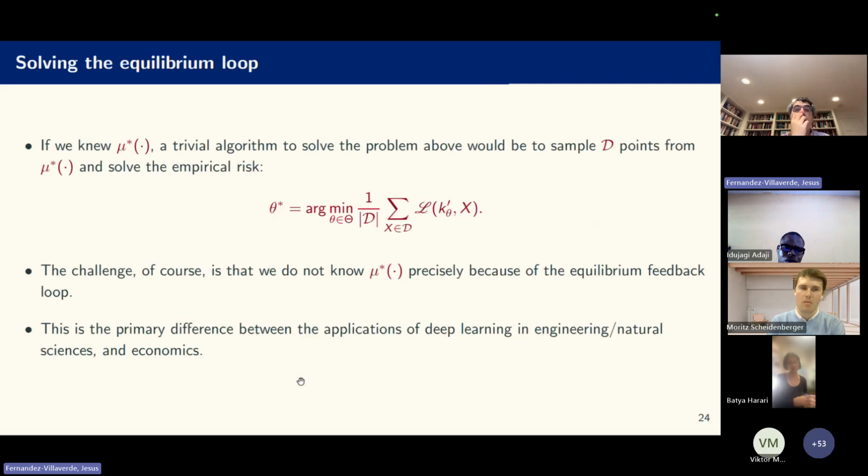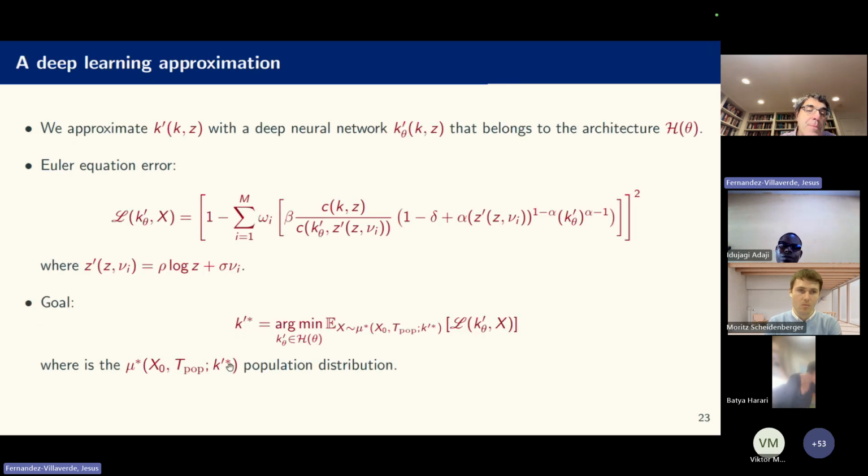And this is what makes the problem of deep learning a little bit different than in engineering or natural sciences. In economics, this population distribution, the distribution of capital and productivity, is endogenous, is an equilibrium object, because how much capital we are going to have in equilibrium depends on the solution of the model.